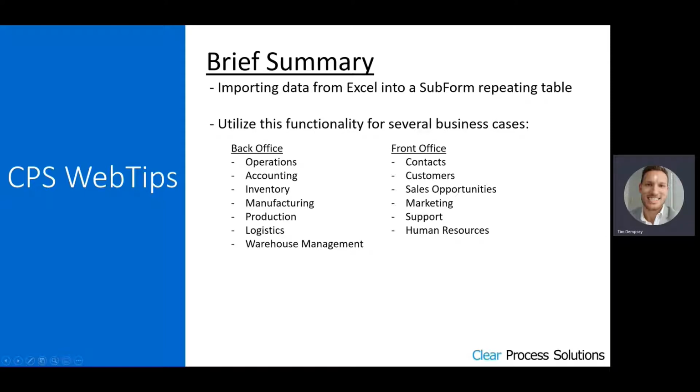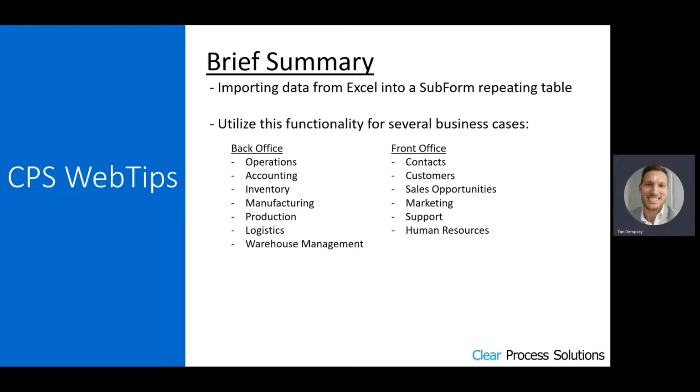Okay, so for any one of our business processes, not only saving data is important, but also working with the data throughout the business process. Within AgilePoint in our process model, we have an Excel read element that allows us to retrieve data and to add it to our subform repeating table.